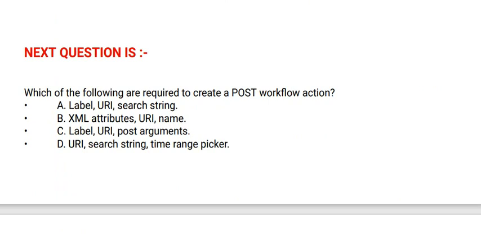Option C, label, URL, post arguments. And option D, URL, search string, time range picker. The correct answer is option C.